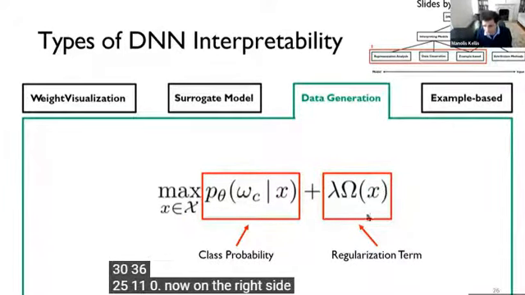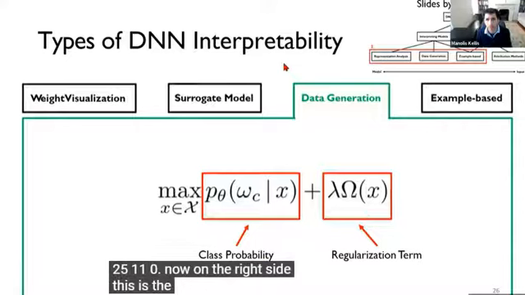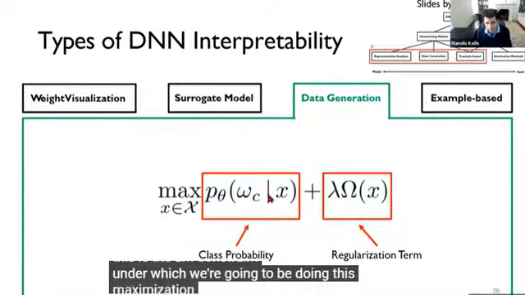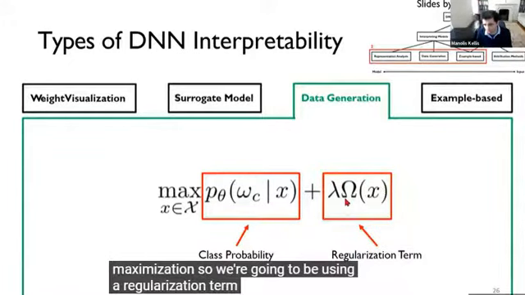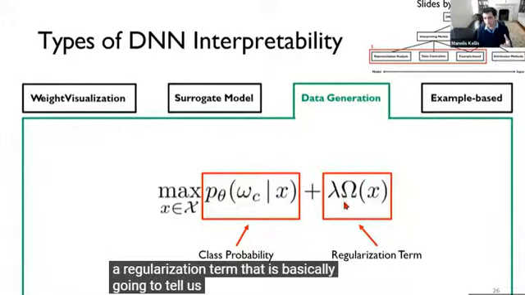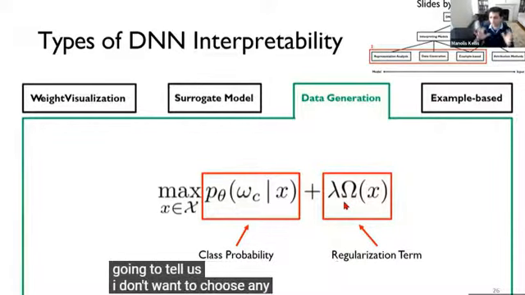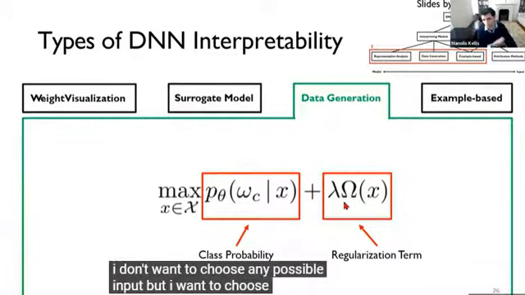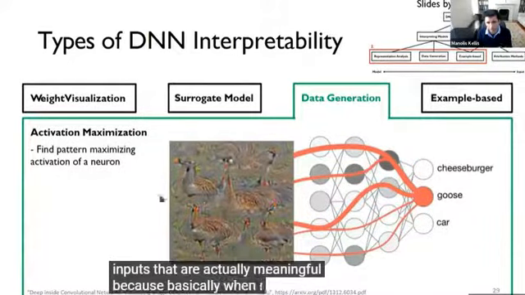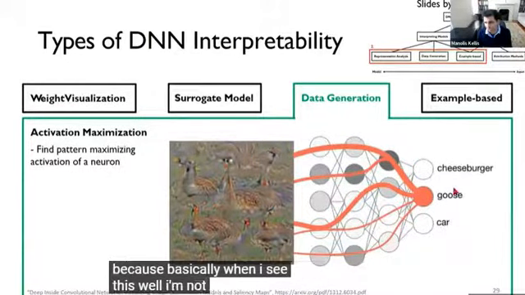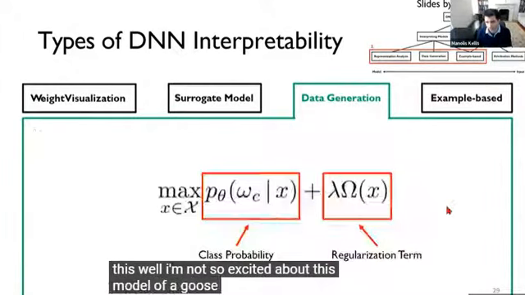Now, on the right side, this is the constraint under which we're going to be doing this maximization. We're going to be using a regularization term that tells us I don't want to choose any possible input, but I want to choose inputs that are actually meaningful. Because when I see this, I'm not so excited about this model of a goose.